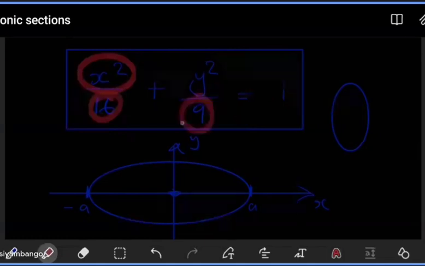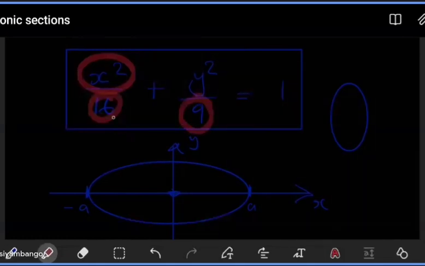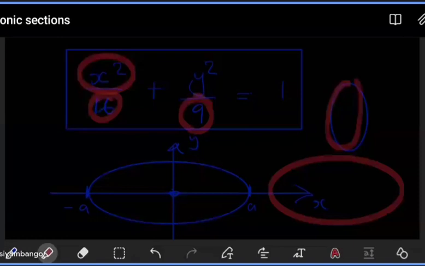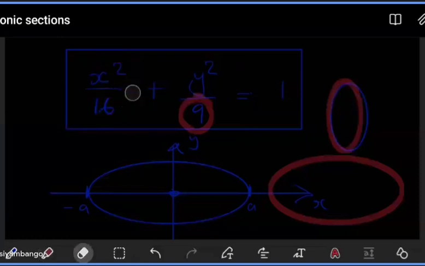These are the ones you have to compare: the denominator of the x squared term and the denominator of the y squared term. If the denominator of the x squared is bigger than the denominator of the y squared, then you're dealing with something which is more horizontal. But if the denominator of the y squared term is greater than that of the x squared term, then you're dealing with an ellipse which is more vertical. Again, we'll see examples to deal with that.